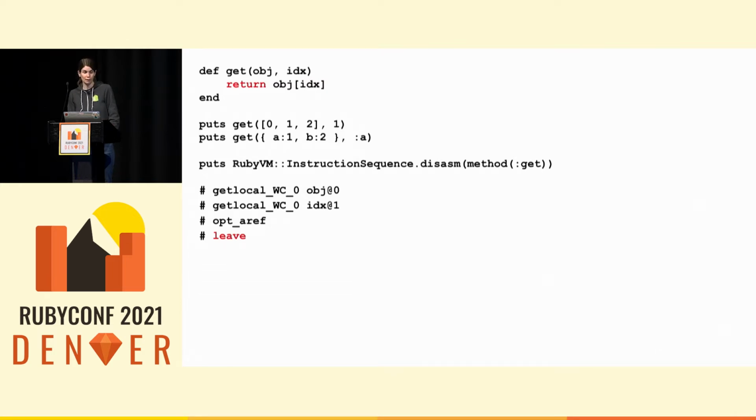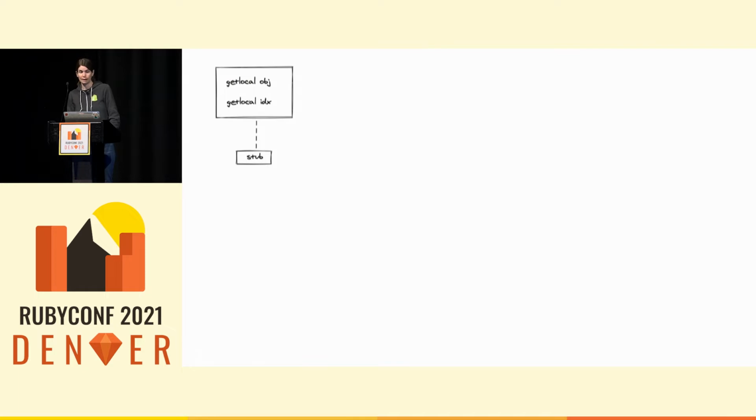In our little example here, we have 2 calls to get, one that takes an array and an integer index, and one that takes a hash and a symbol key. When YJIT compiles this, it's going to generate code for the getlocals, and then it's going to install what we call a stub that's going to delay compilation until we get to that point in the program.